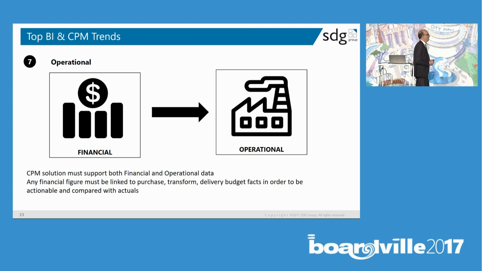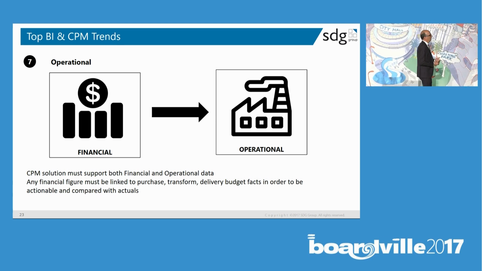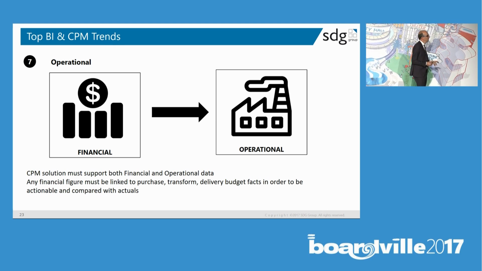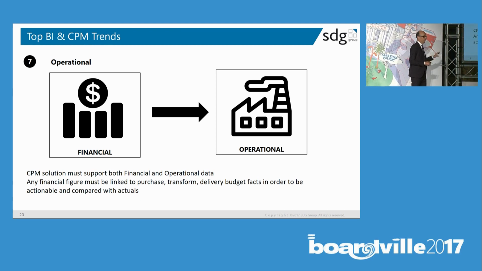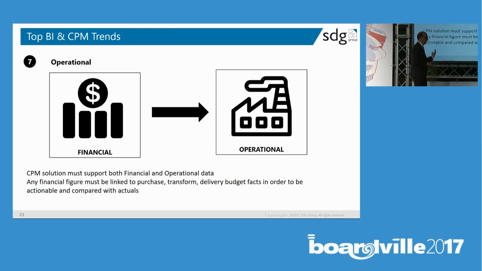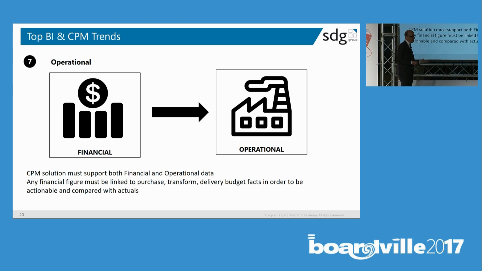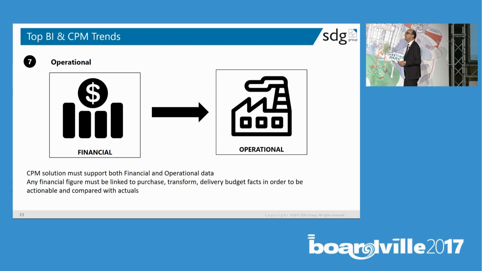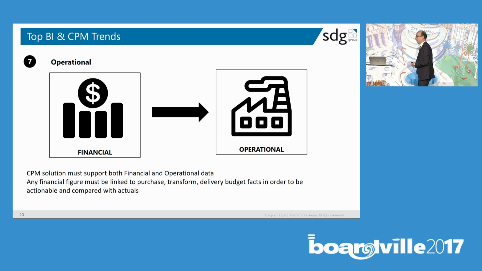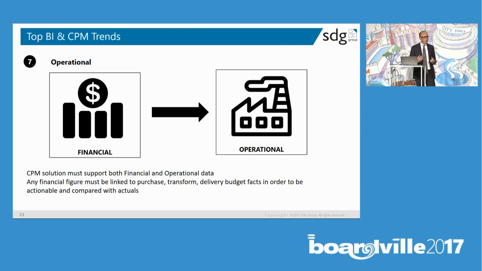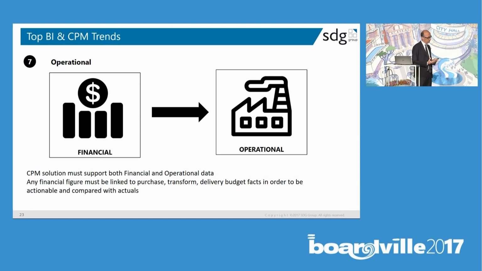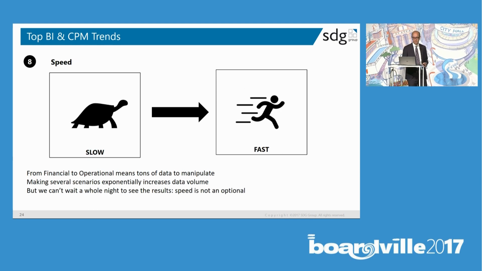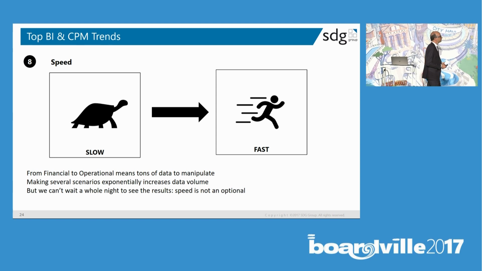Typically, we start with operational data, so we start with sales, transformation, then supply chain, then purchases budget, and then collect it into the P&L of our customers. The capability to have this in the same application using the same cubes is really, really essential.